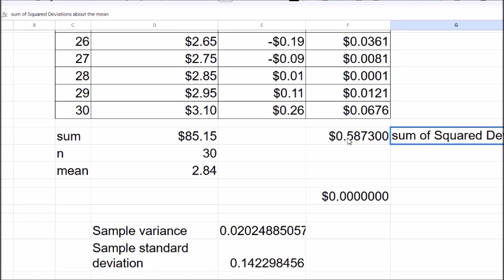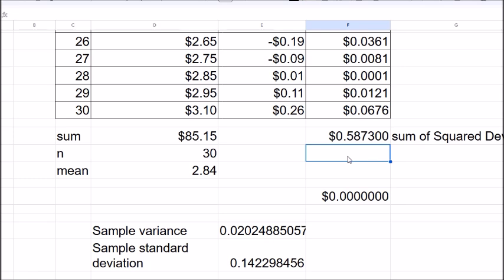And then we're going to take this value and divide it by 30 minus 1.